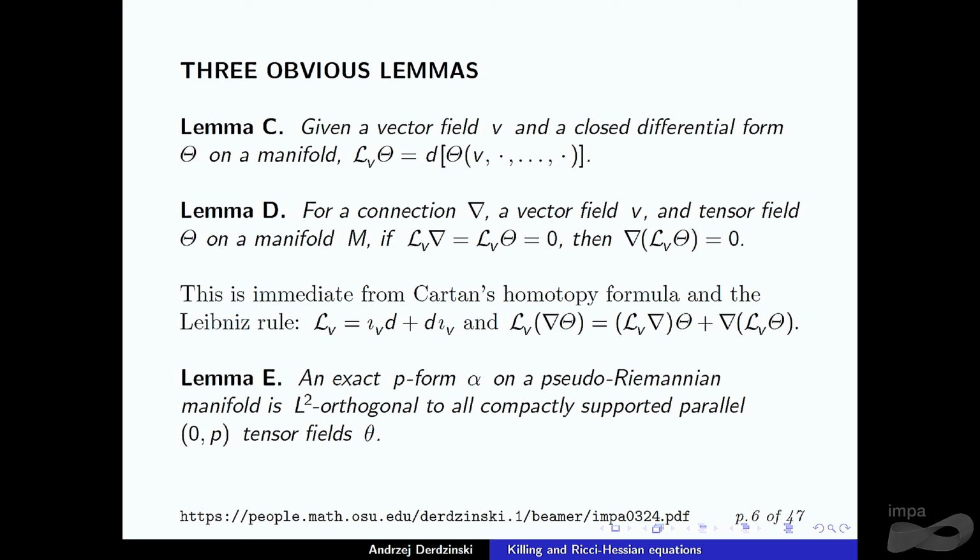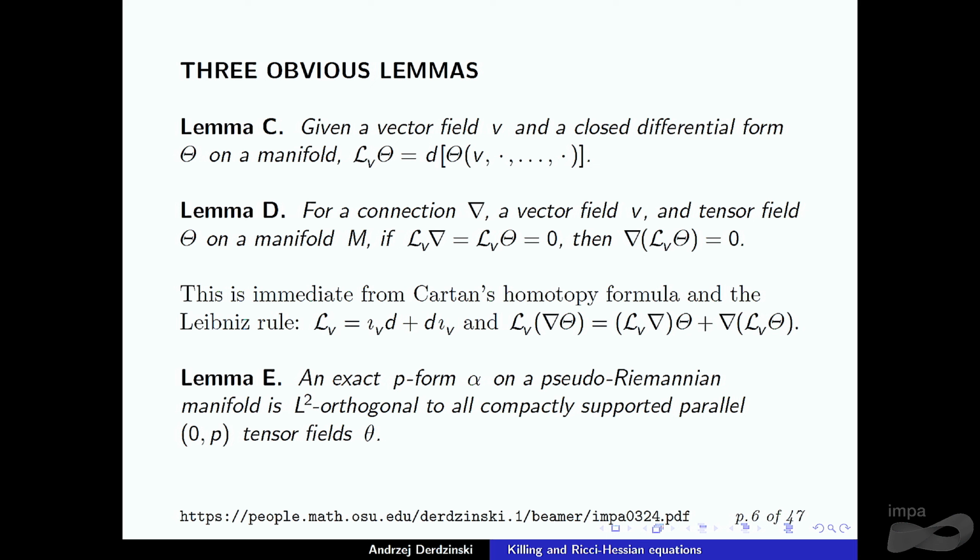Secondly, if you have a connection on a manifold, a vector field, and any tensor field which is parallel, then, sorry, I did not write that assumption correctly, that's a typo. I'm assuming that the connection is preserved by the flow of the vector field.